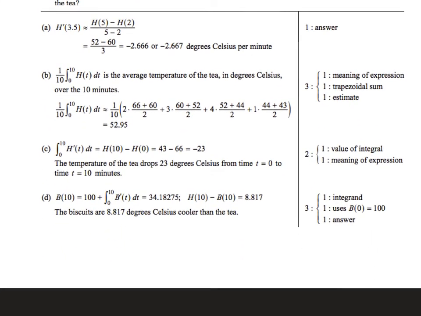Okay. So the temperature of the biscuits would be the initial temperature that they come out of the oven, that would be 100 degrees, and then the change in those biscuits. We've talked about this in the past, but again, if you have a rate and you want a quantity, that would be an integral. If you have a quantity and you want a rate, that would be a derivative.